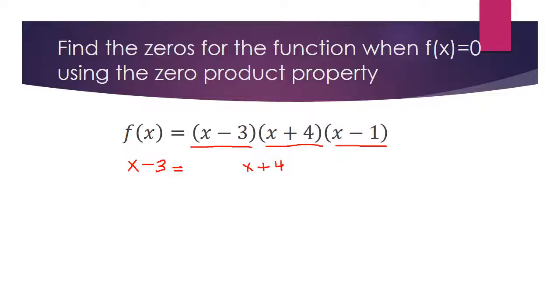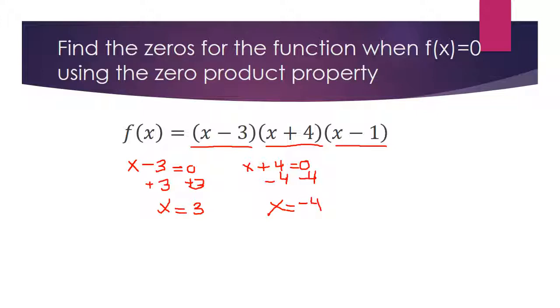So when we have x minus 3 equals 0, that means I can add 3 to both sides and I end up with x equals 3. When I have x plus 4 equal to 0, that means I can take away 4 from both sides and I end up with x equals negative 4.